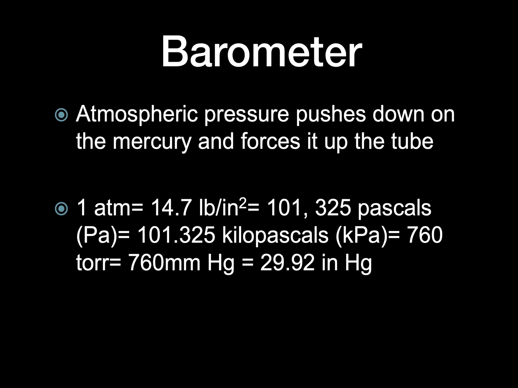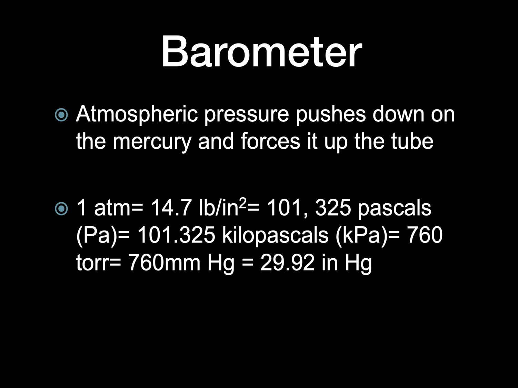In a barometer, atmospheric pressure pushes down on the mercury and forces it up the tube. These conversion factors are very important, and we're going to do some pressure conversions.